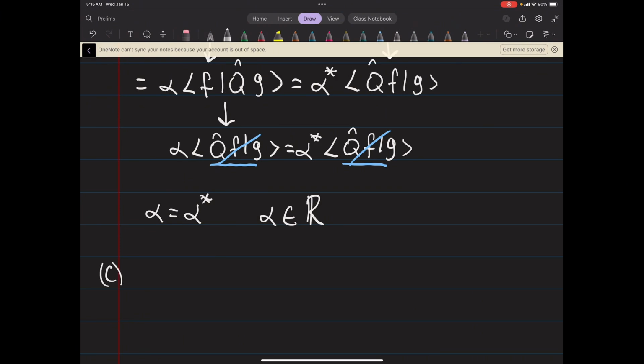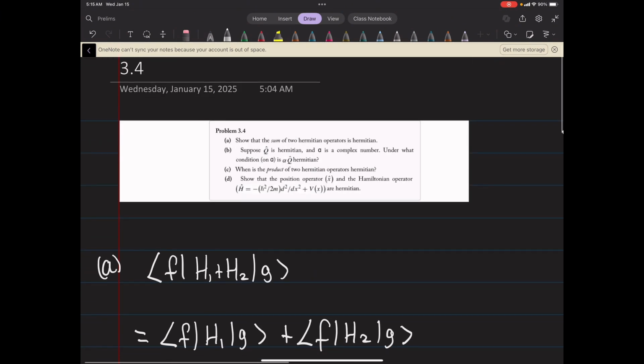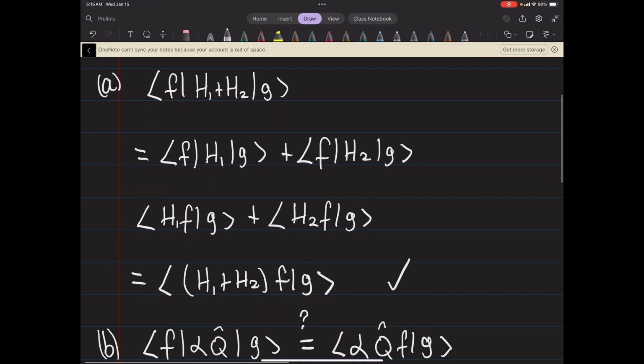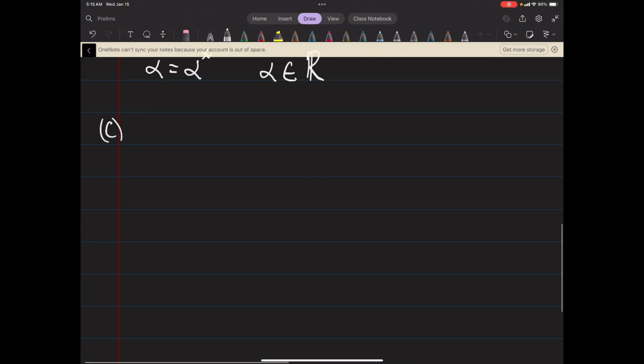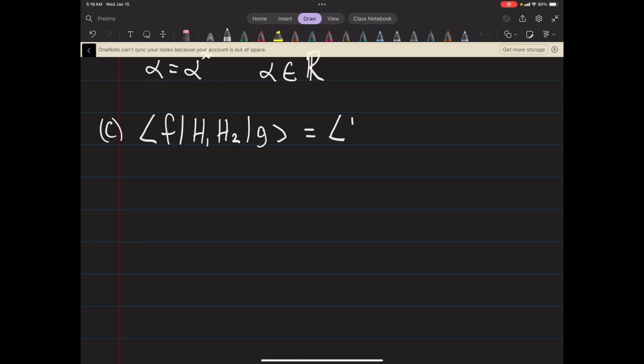Part C says, when is the product of two Hermitian operators Hermitian? So let's work through that. We'll call them H1 and H2 again for the two Hermitian operators. And we want to find this condition where the product is also Hermitian.